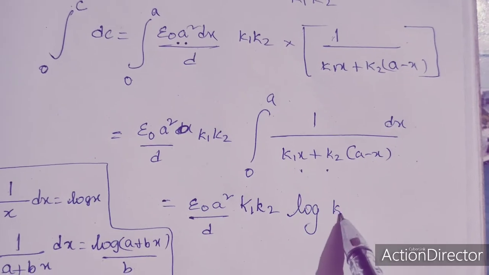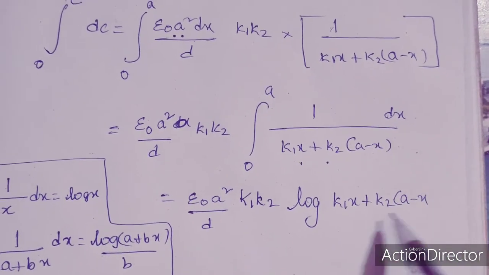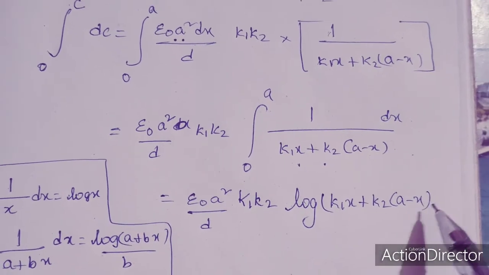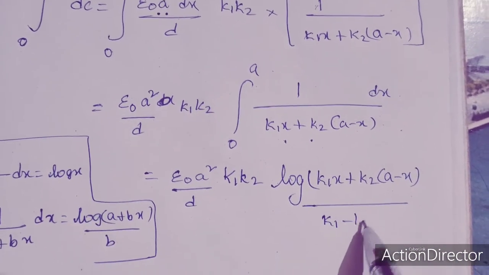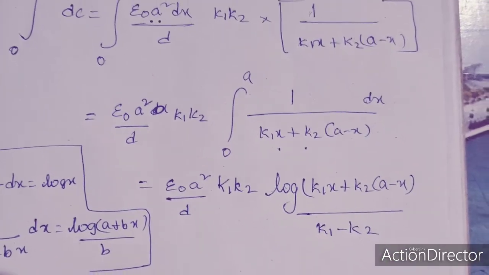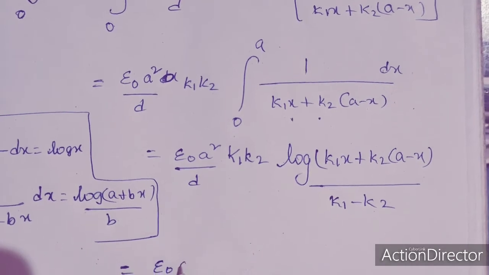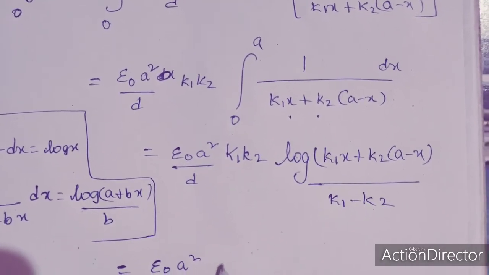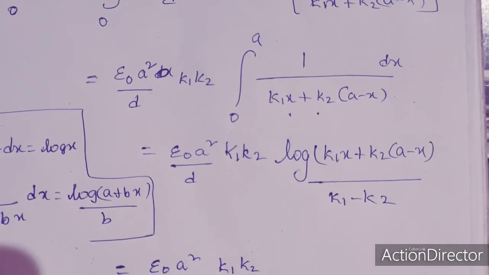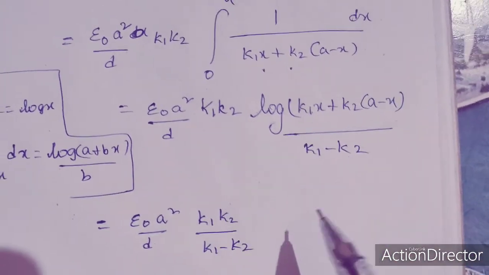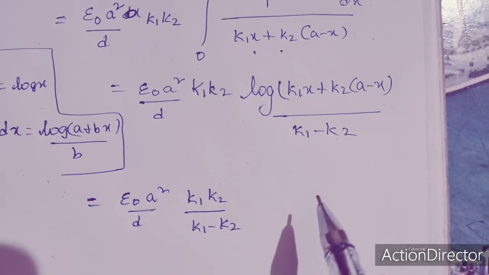Log of k1x plus k2 of a minus x, divided by k1 minus k2. We have to take that value common: epsilon naught a square divided by d k1 k2 divided by k1 minus k2. Next, log of k1x plus k2 of a minus x.